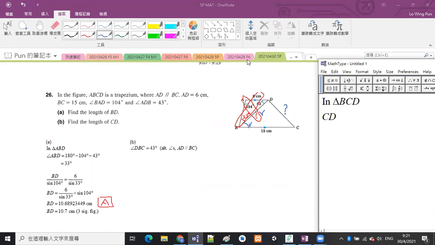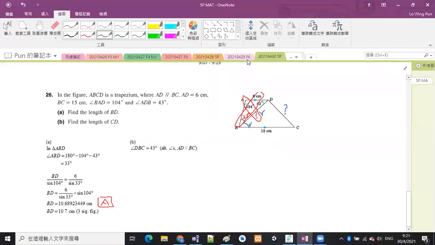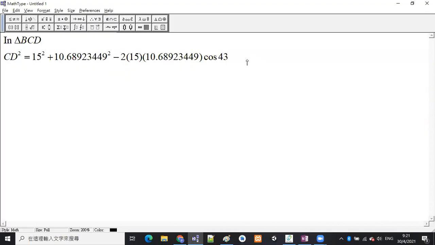So I put CD square to be the subject first. And then it should be equal to 15 square plus 10.68923449 square, and then minus 2 times 15 times 10.68923449 times cosine angle. That should be 43 degrees. Okay.